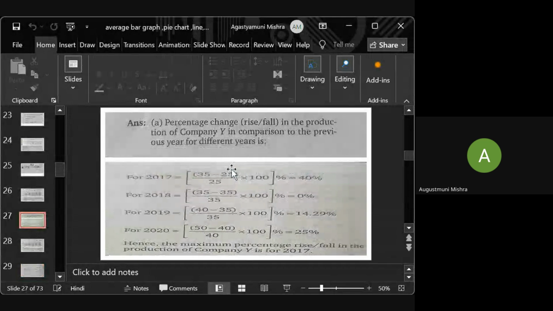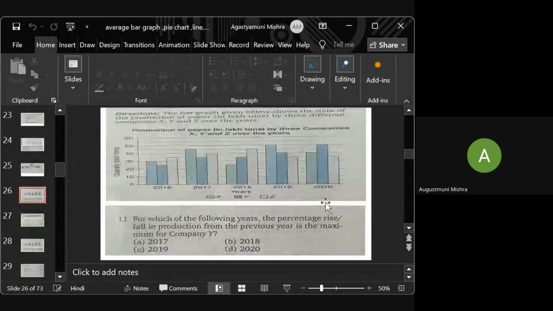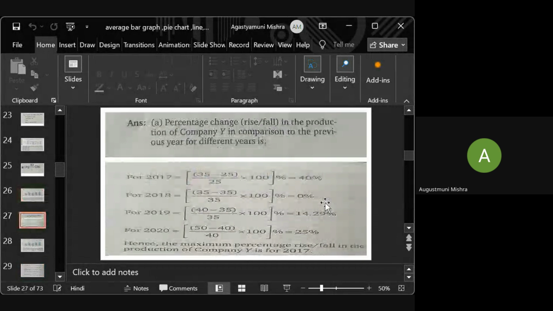Okay, I hope which option it is? Option-wise for 2017, this is A. Okay, so this is A. Now, again, what is the formula?